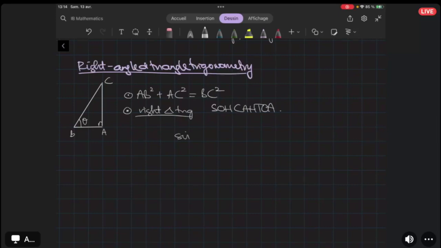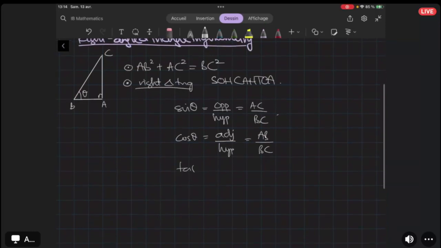Sine of an angle, sine of theta in this case, is the opposite side over the hypotenuse. Opposite of the angle theta is AC, hypotenuse BC. Similarly, cosine is adjacent over hypotenuse, or AB over BC. And tan of theta is opposite over adjacent, opposite AC over adjacent AB.